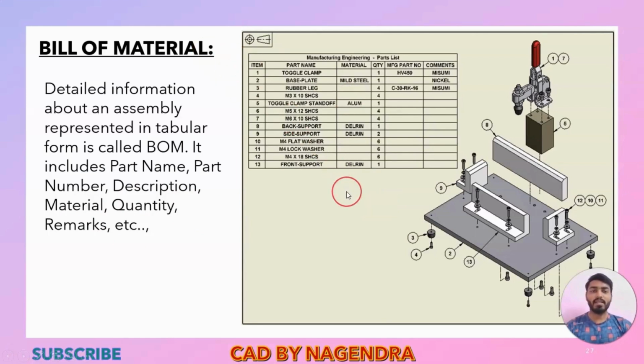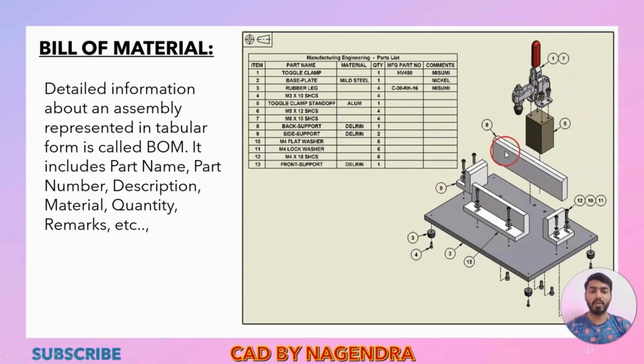So bill of material is nothing but it will give detailed information about an assembly design, like how many parts are there, which part is assembled to which one, where it is exactly located, what is the material used to manufacture or produce that part, what is the quantity we are using, and what are the comments for the next further process.